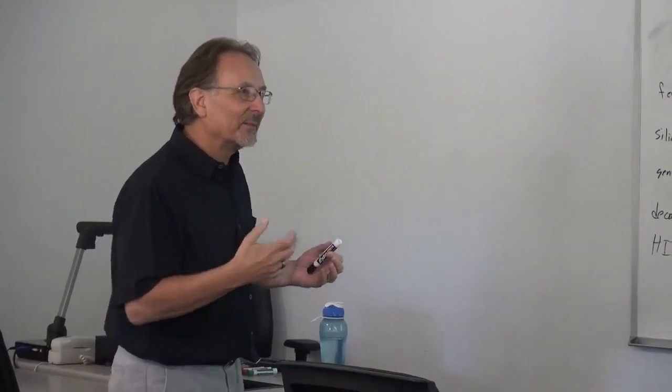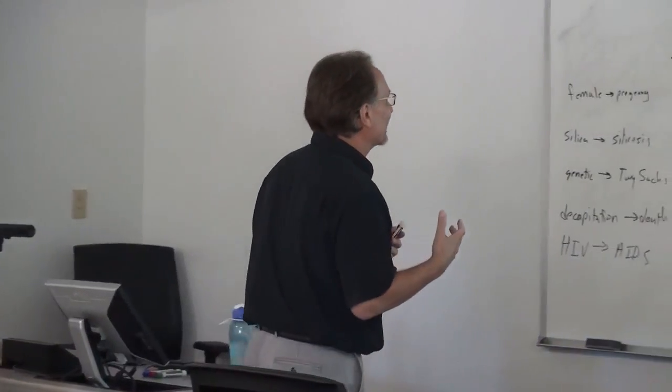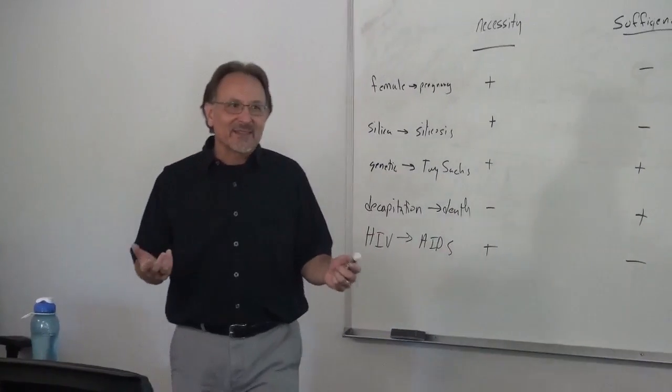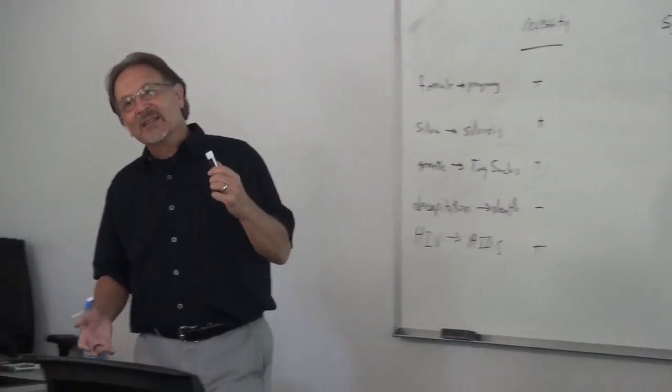So that's the idea of causality from the perspective of necessity and sufficiency. And we talk about this a lot, but we tend to use necessity and sufficiency in a little bit of a sloppy way, generally speaking. This is the strict Aristotelian logic approach to necessity and sufficiency.